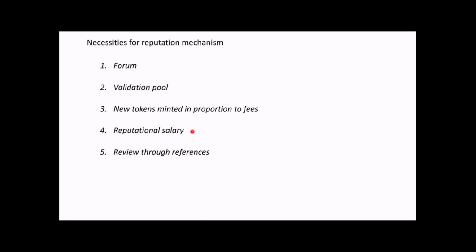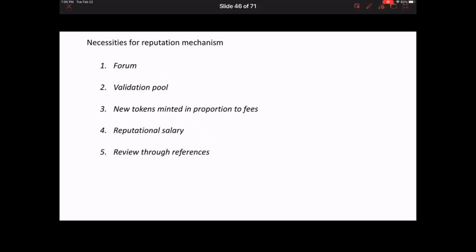So when you go into business and it's all about money, then it's cutthroat. You're just trying to get as much money as possible. But with reputation, you want to work together, you want to collaborate. Anyway, it's a very important piece of the whole idea of having a reputation mechanism, to make the salary reputation weighted.